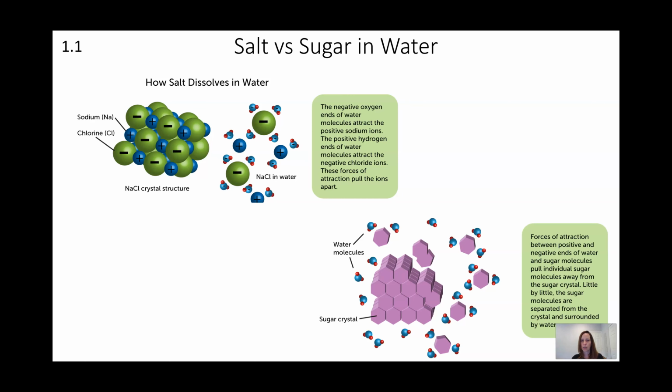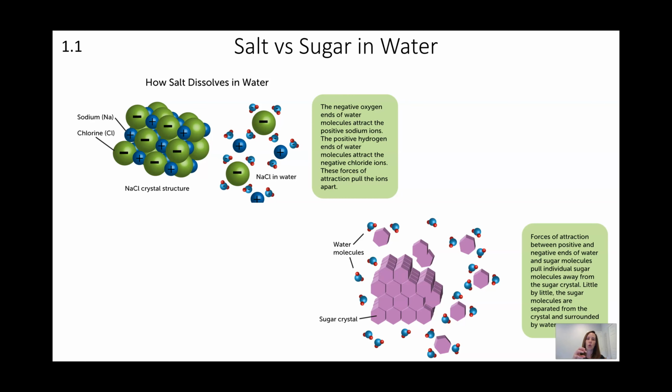Now, sugar is different. The intramolecular bonds in sugar are covalent bonds. Covalent bonds don't just fall apart in water like ionic bonds do. So covalent bonds stay together. Each individual sugar molecule is going to stay intact, and that's what's demonstrated with those little purple molecules there.